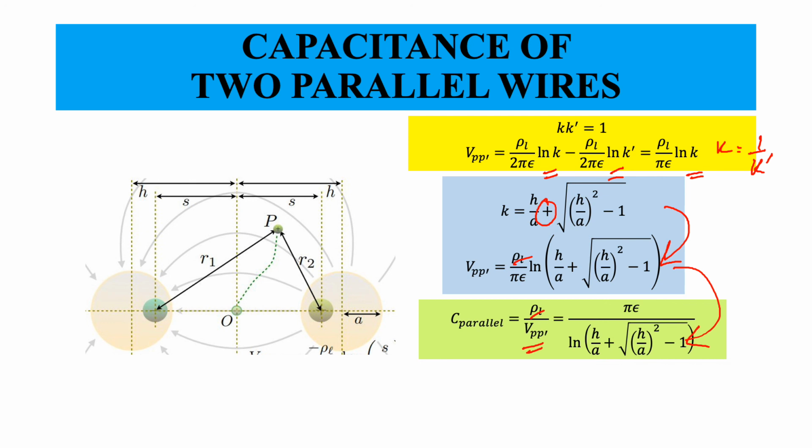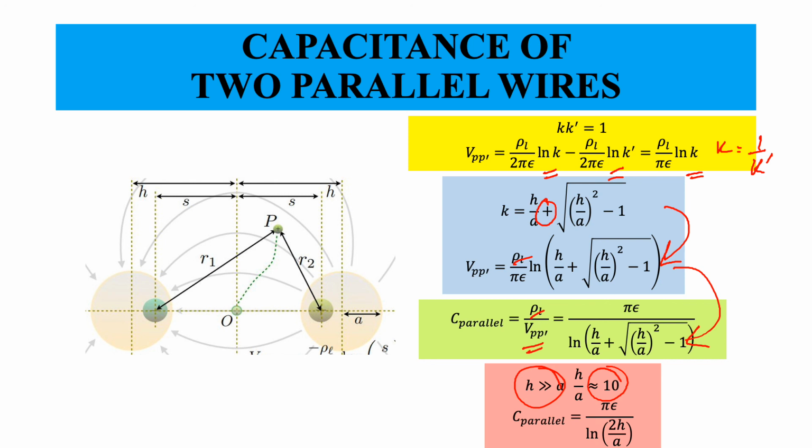This expression for capacitance per unit length can be simplified provided that H is greater than A. If the ratio H by A is around 10 or more, then the quantity becomes 2H by A. How?